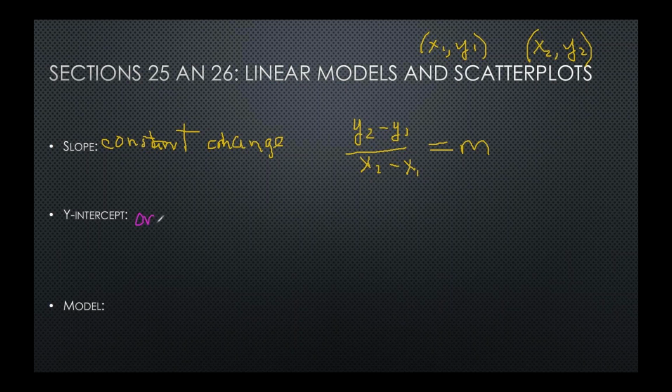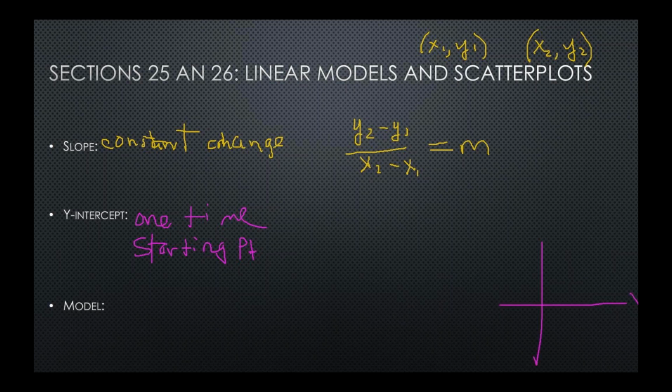The y-intercept is kind of a one-time thing, and we often talk about our y-intercept as the starting point. If you're graphing a line, which we don't do by hand, we will do that in Excel, but if you're graphing by hand, the y-intercept is where we start, because the y-axis is the vertical axis.